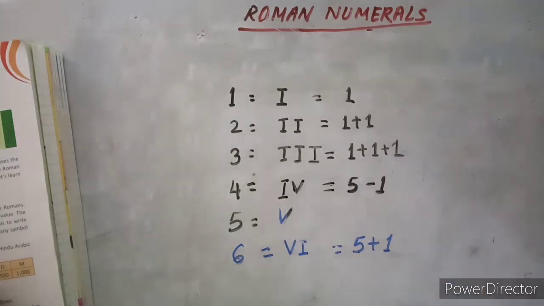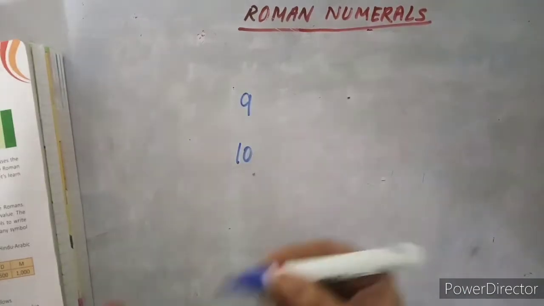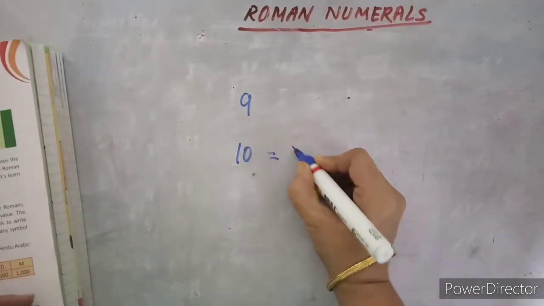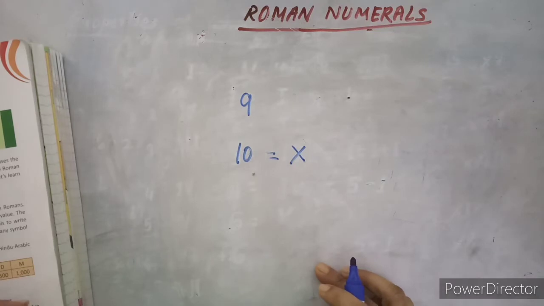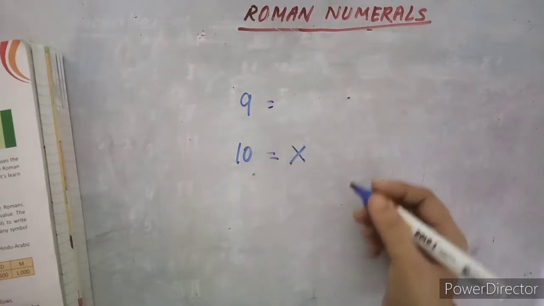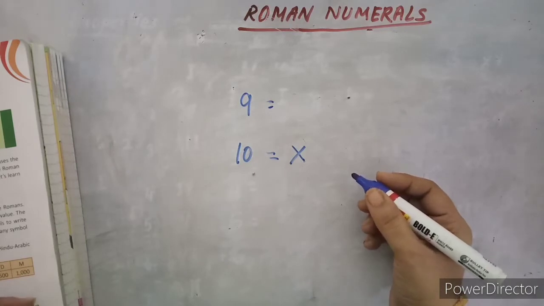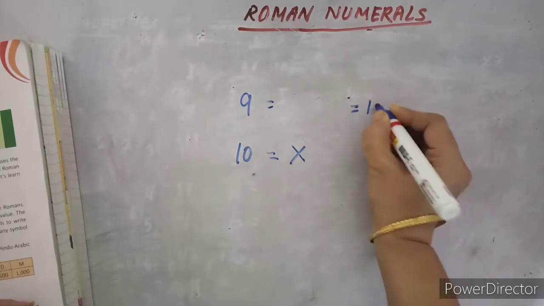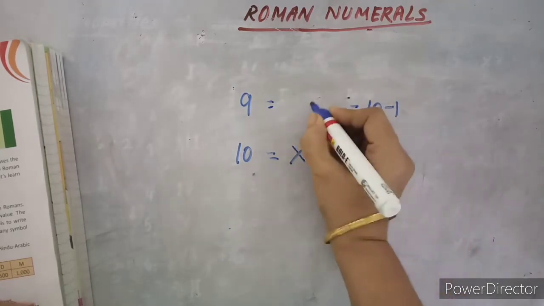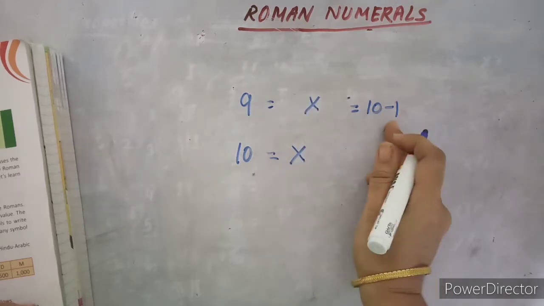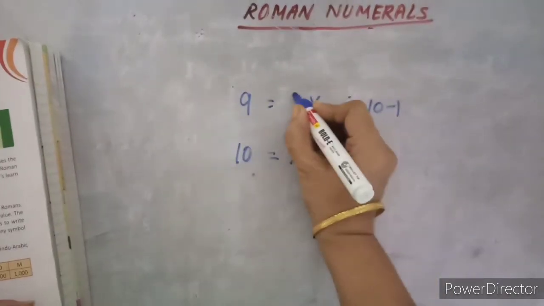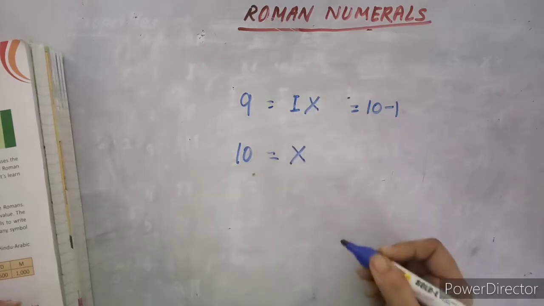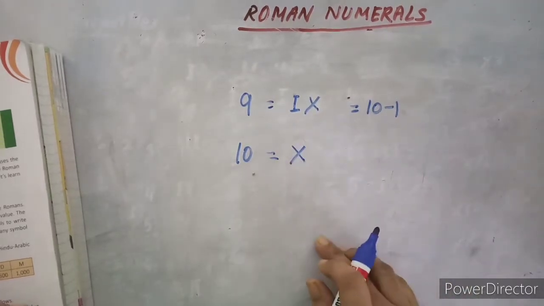Okay, now again if you see you have a standard symbol for 10, that is X. Okay, so now if you go for 9 is nothing but it is 10 minus 1. So put X, and minus 1 means you have to put the I sign to its left, so this becomes 9.